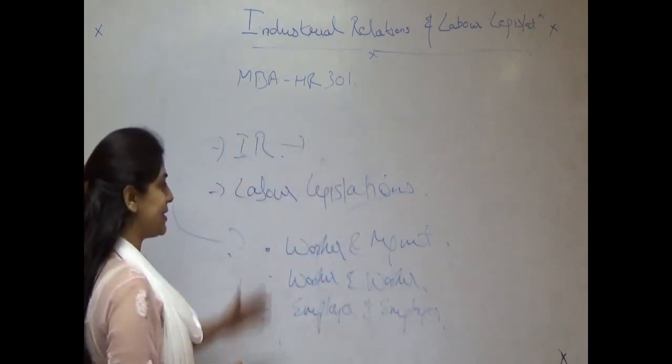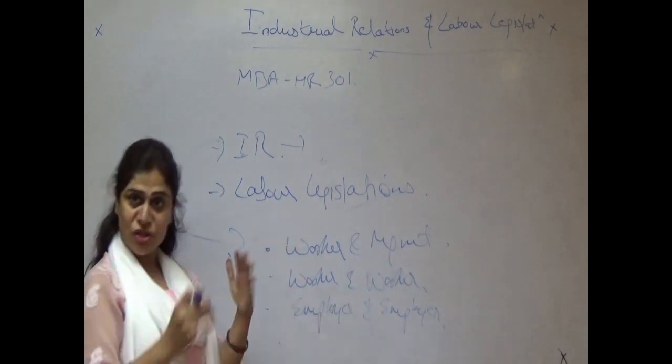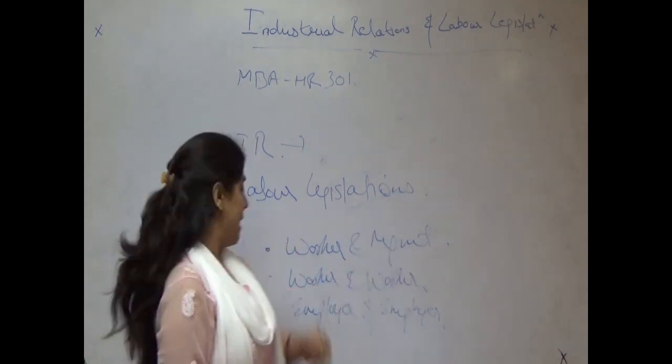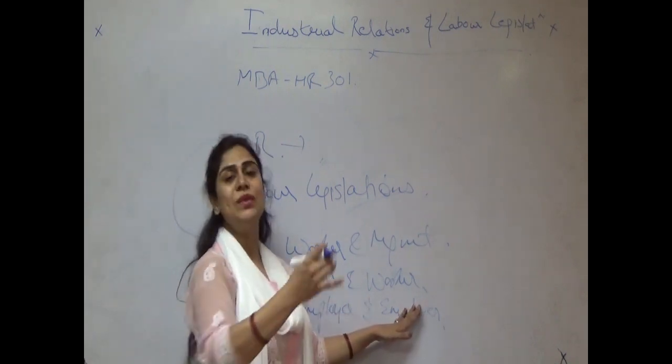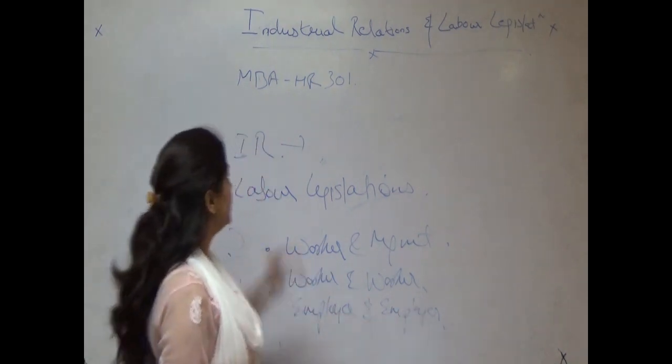So there are three relationships: worker and management, worker and worker, and between the management, that is the employer and the employee, within the industries. So this is the first part.